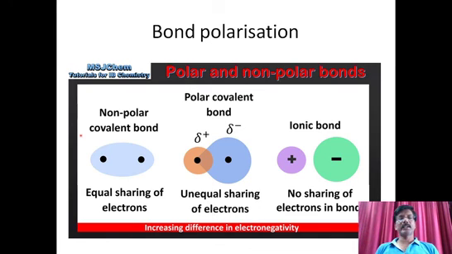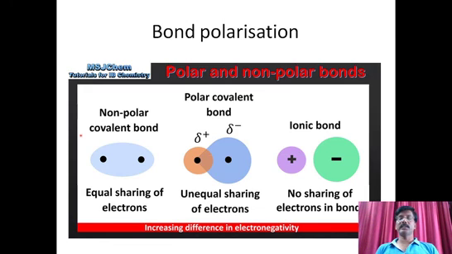And if you extend the same concept, that is, the electron cloud is more towards one atom, then suppose the two electrons are completely taken away by one atom, and the second atom does not have electrons at all. Therefore, the second atom becomes positively charged because it has lost its electron, and the negative charge is accumulated on the other atom where the two electrons are totally shifted. Now, what happened?